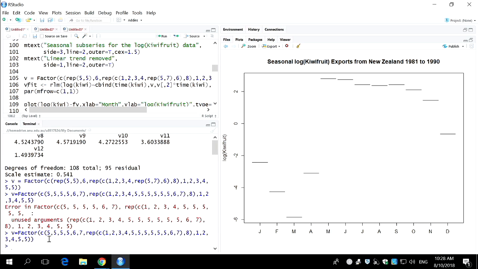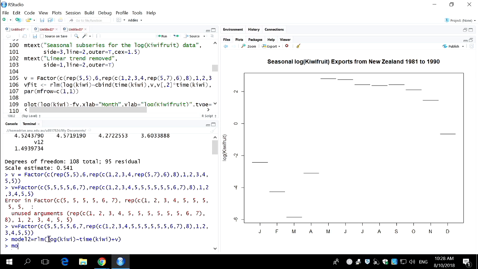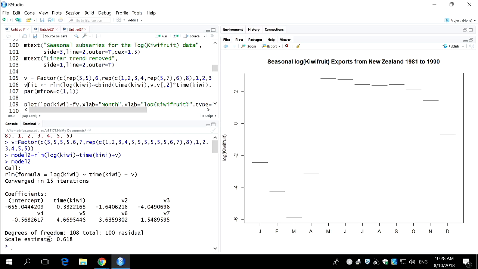Okay, so let's go ahead now. There's my new factor, so now I can go ahead and fit the model. I'll call it model 2. If I look at model 2, much smaller. Instead of having 12 things, I've got 7: intercept, coefficient of time, so this is my linear term, February, March, April, May through October.